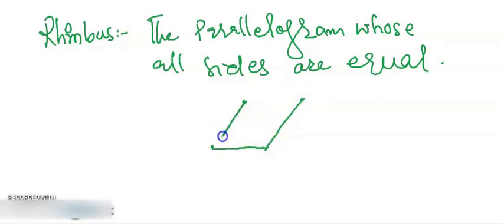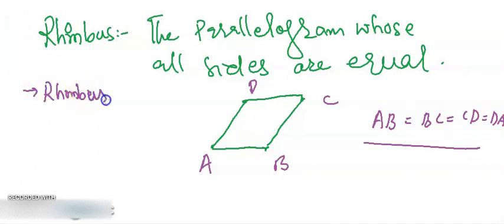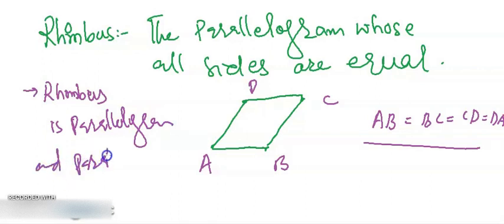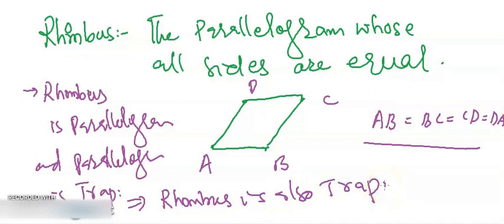If we have a parallelogram, assume that the length AB is the same as BC, is the same as CD, is the same as DA, then the parallelogram becomes a rhombus. Since a rhombus is a parallelogram, and a parallelogram is a trapezium, therefore a rhombus is also a trapezium as well as a parallelogram at the same time.